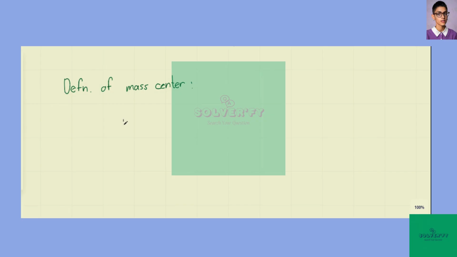Well, it tells us that the mass of the rocket, m, times the x component of the mass center should be equal to the mass of A times the position of A plus the mass of fragment B times the position of fragment B.